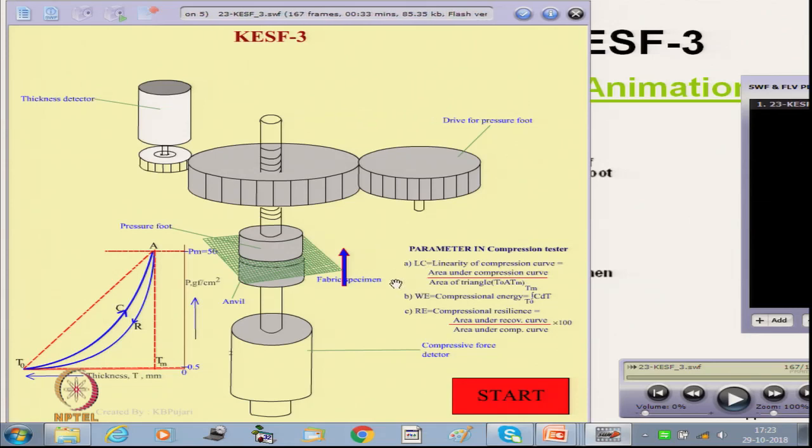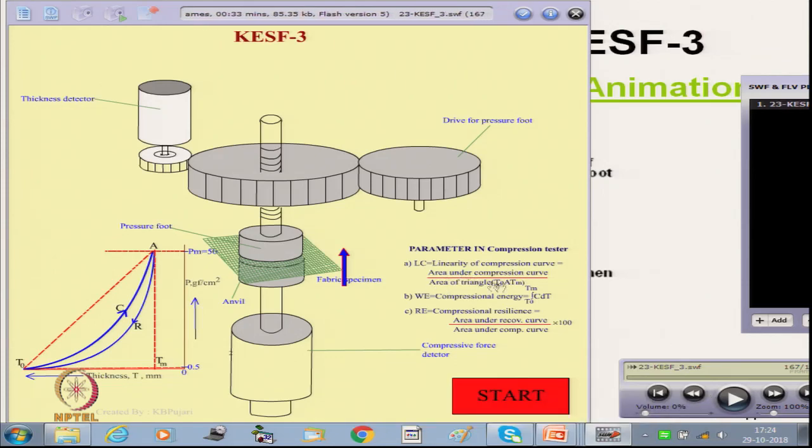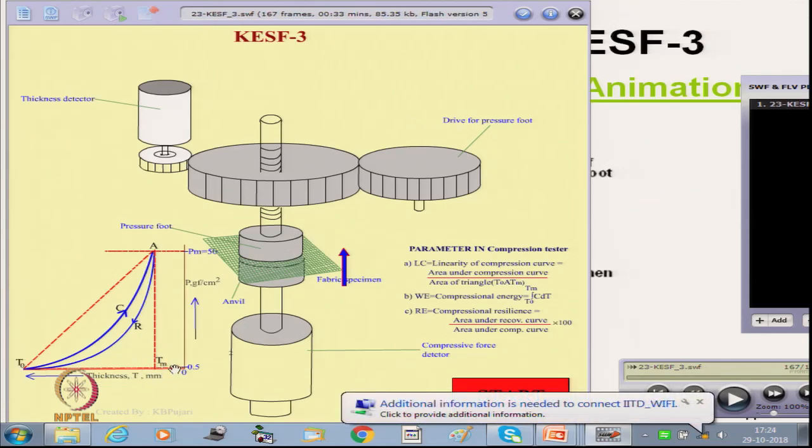First is the linearity of the compression curve, which is the area under the compression curve divided by the total area of the triangle A T0 Tm, where T0 is the initial thickness and Tm is the final thickness. So, this is the triangle A T0 Tm.